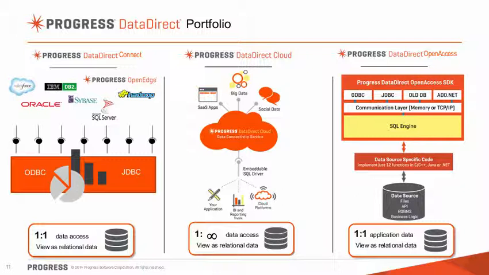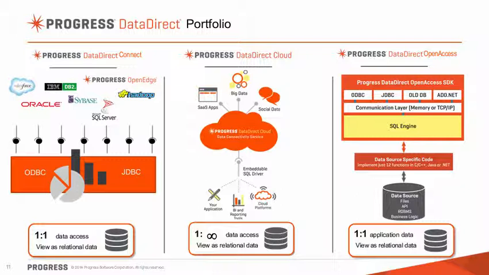So in addition to having pure on-premise embeddable deployment options, DataDirect Cloud allows you to take a single connector, one single embeddable SQL-oriented driver, and connect out to all of the different data sources that are supported by DataDirect.